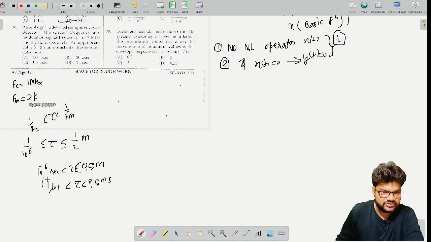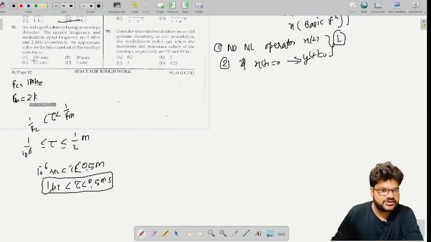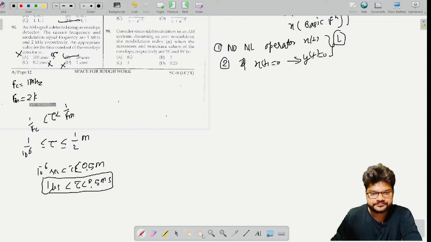Now let us check the options. 500 microsecond, or 0.5 millisecond, is an extreme value, so this is not correct. 20 microsecond lies between 1 microsecond and 500 microsecond, so this can be correct, and 0.2 no. So the correct option will be B.